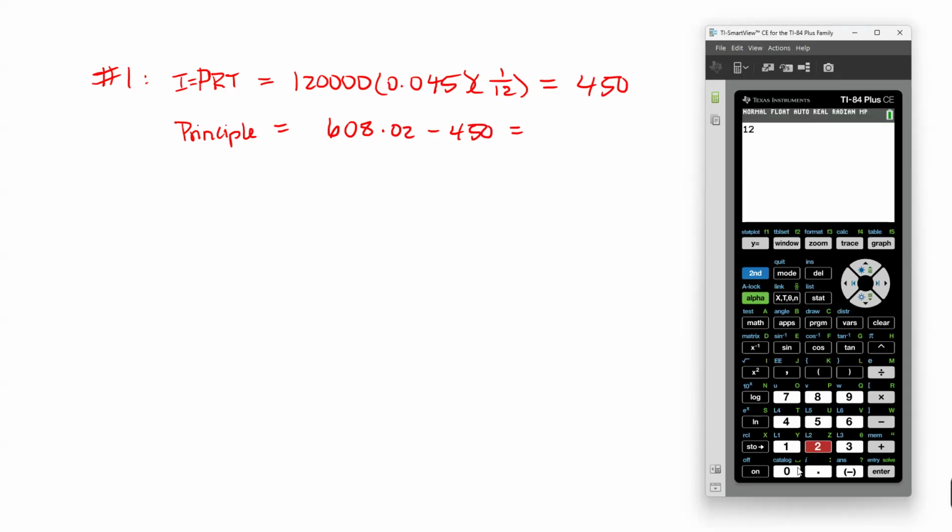So we did 120,000 times 0.045 times 1 divided by 12. And then we'll take our 608 and 2 cents minus 450, which is $158.02.